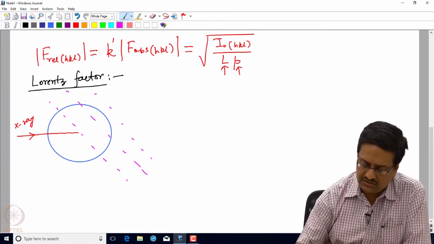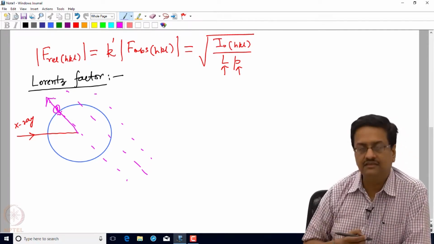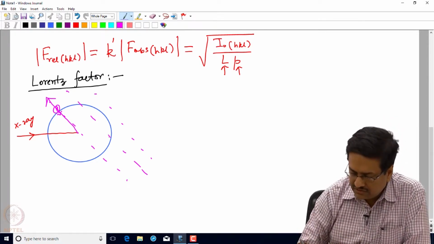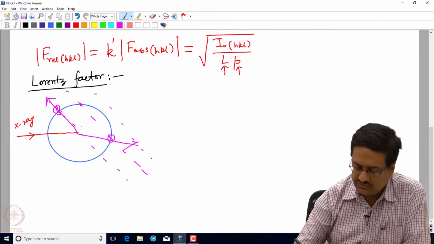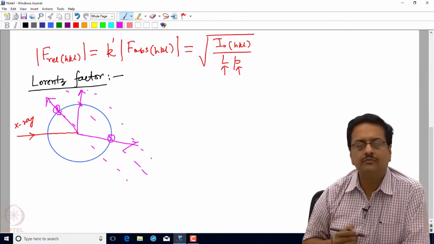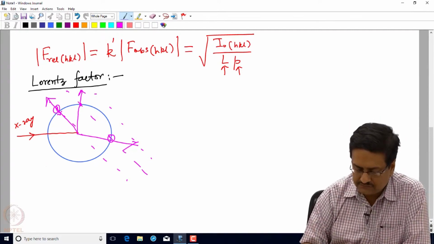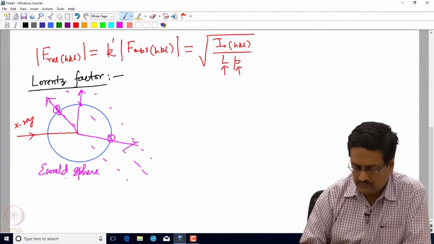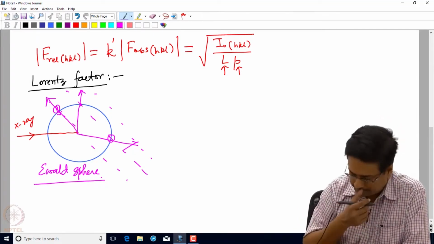So when a particular reciprocal lattice point passes through the Ewald sphere, a diffraction occurs in that direction. So when the reciprocal lattice point passes through this point, a diffraction occurs here. When a reciprocal lattice point passes like that, a diffraction occurs there. So each and every point in the reciprocal lattice has to pass through this Ewald sphere to cause diffraction. This is what we understood in one of our previous lectures.